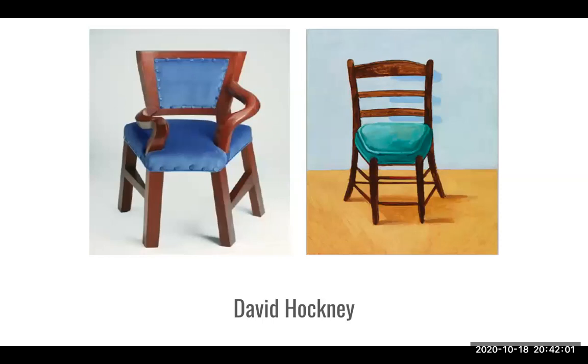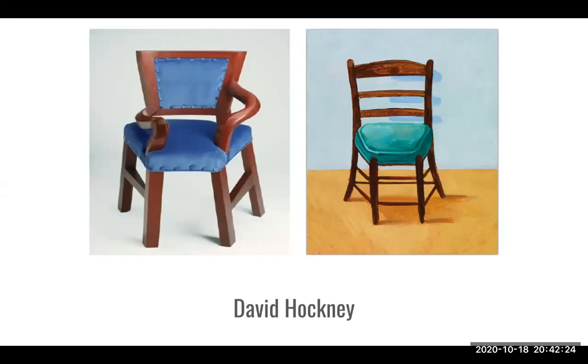David Hockney is a really cool artist that I really like, all of his drawings of the objects in his life. And I have a video I want you to watch on Canvas of him just talking about perspective. He is a really interesting artist because, for example, there are these chairs here.